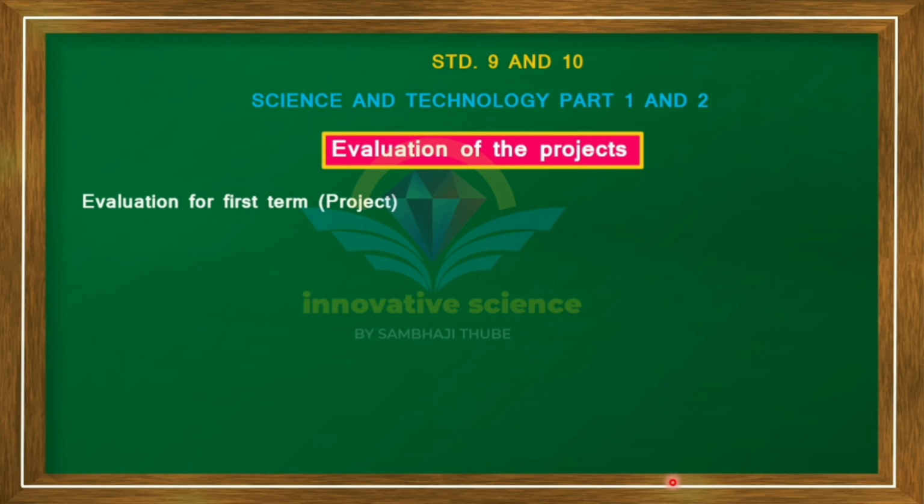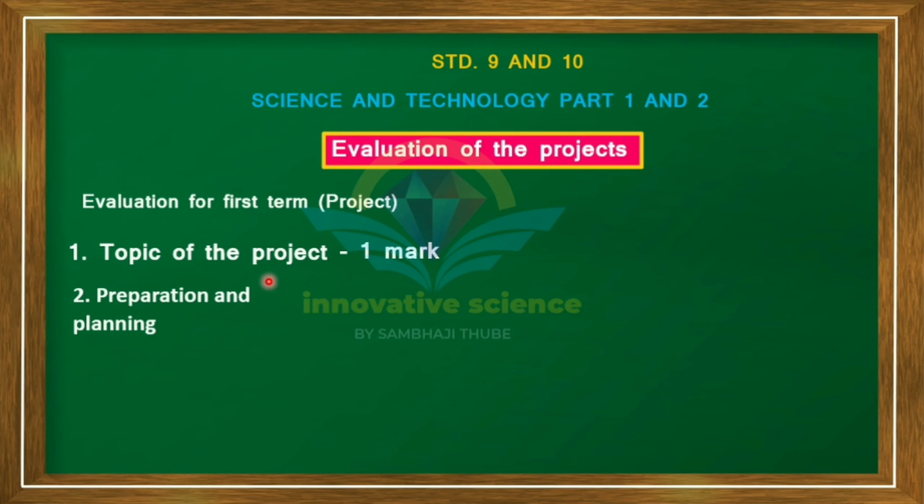In first semester, topic of the project, that means the selection of project, preparation of that project, planning of that project gives 1 mark. And actual work gives you 1 mark. Therefore, total 2 marks are given in first semester.